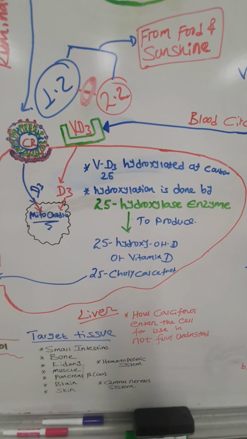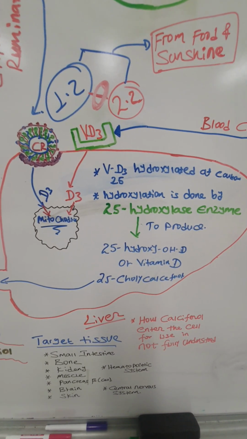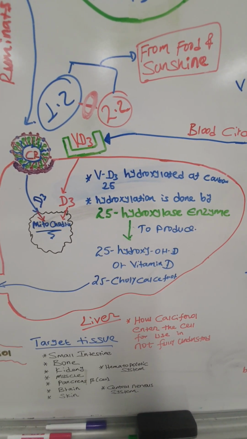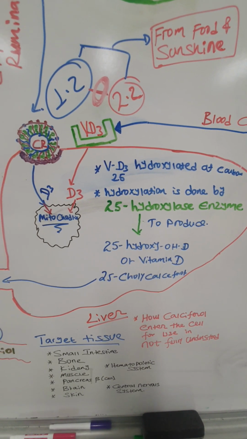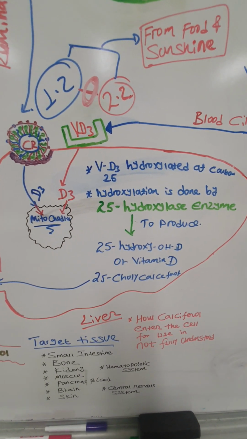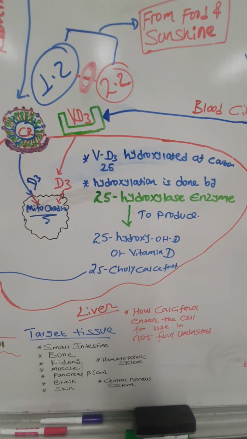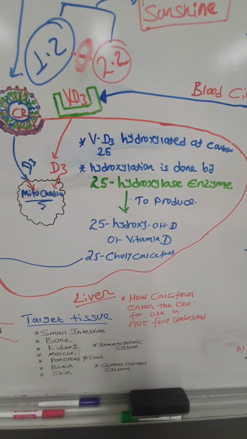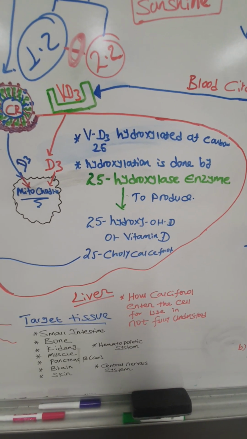This is important. 25-hydroxylase is an enzyme which adds one OH group to the 25th carbon atom of vitamin D3. So when this OH group is added to vitamin D3 at carbon 25, we call it 25-hydroxy-OHD, or 25-hydroxycholecalciferol.